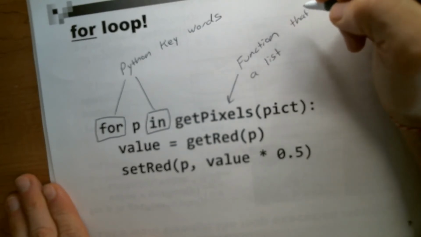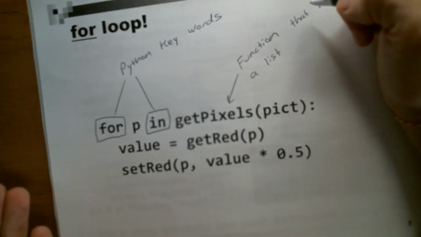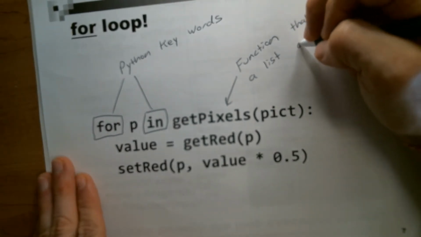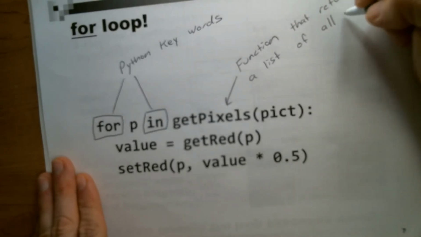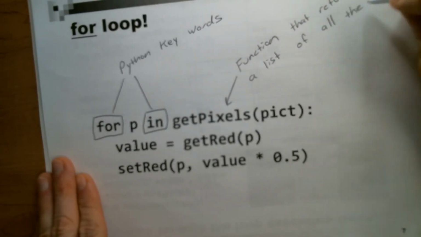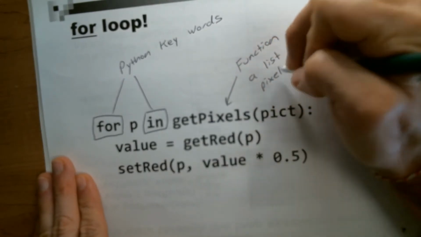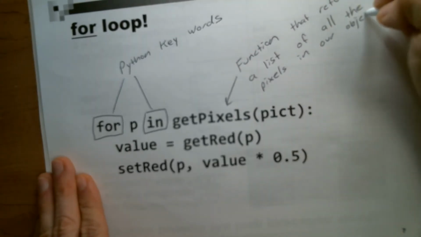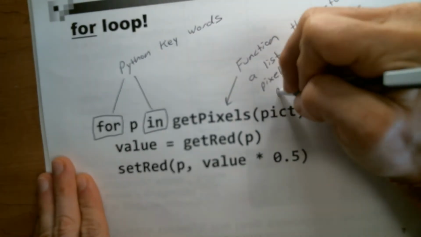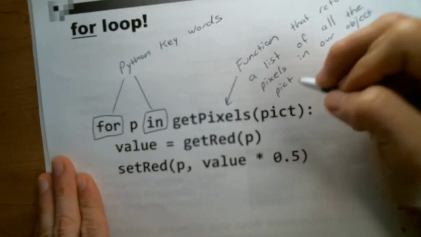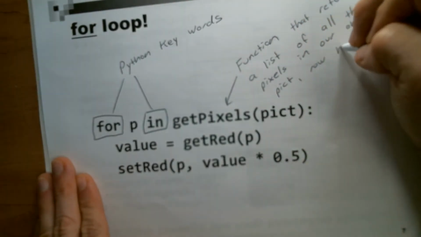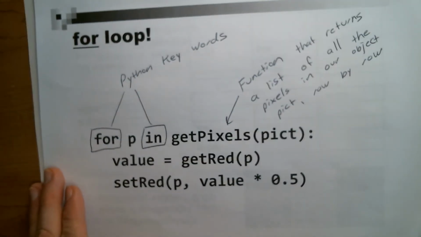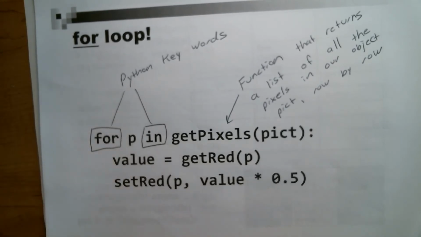But right now you can just think about it as a list, the same way we use lists as humans, of all the pixels in our object pic, because this is our object that we created, row by row. So it creates a big long list of every single pixel in our picture.